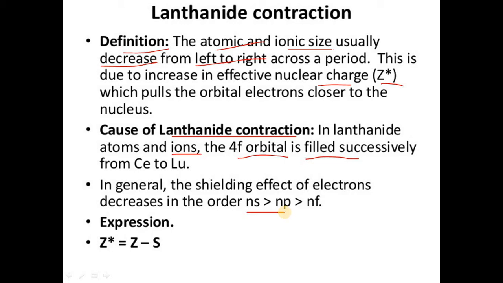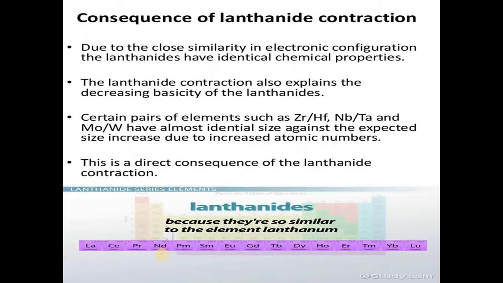So f orbitals show less shielding effect, and the expression for effective nuclear charge Z star is equal to Z minus S. Z means atomic number, S means screening or shielding of electrons.